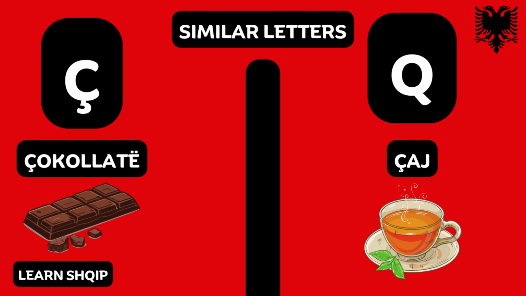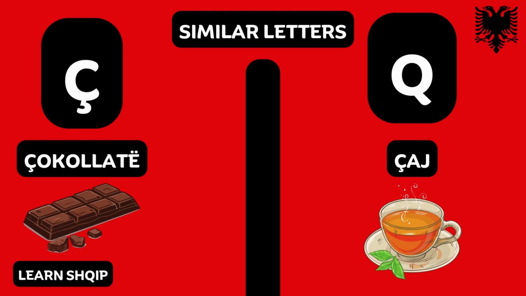On the other hand, the Q, you can pronounce it ch. For example, tea in Albanian, you can say chai. As I told you, especially if you are a beginner, they might sound the same, but trust me, they are not. So I will repeat them once again.